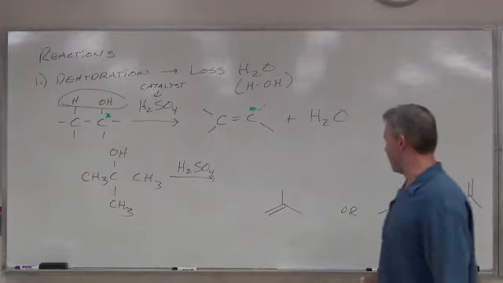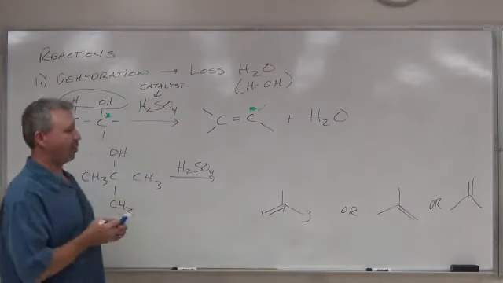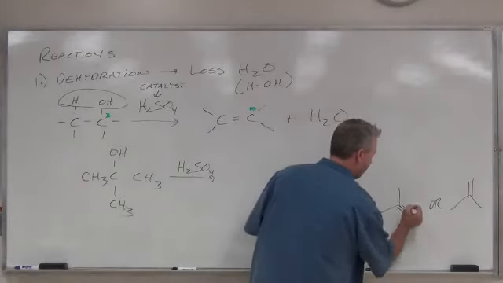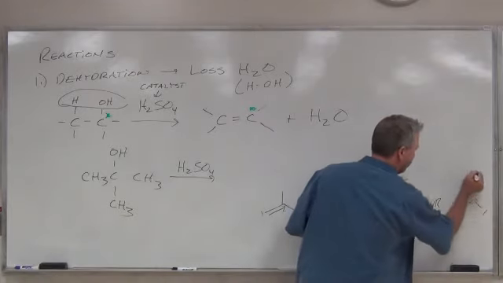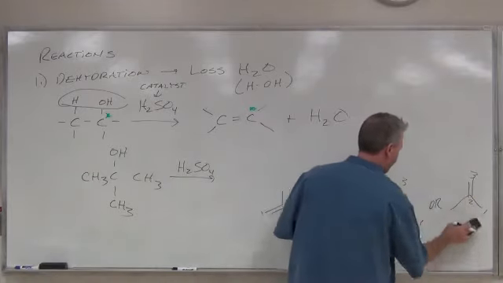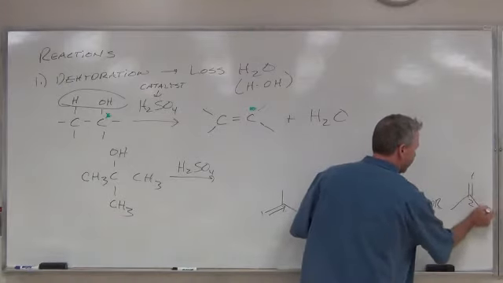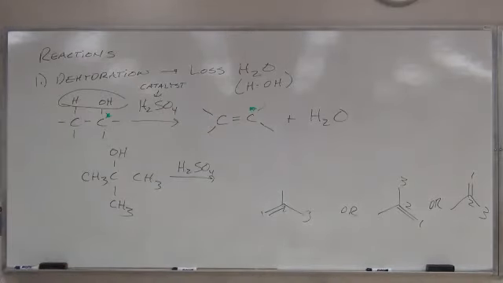But these are all the same. 1, 2, 3, 2-methylpropene. Every single one of them. 1, 2, 3, doesn't matter. Oh, sorry, I got to do that backwards, right? Because you got to number the alkene with the lowest number. Either way you cut it, it's 2-methylpropene.